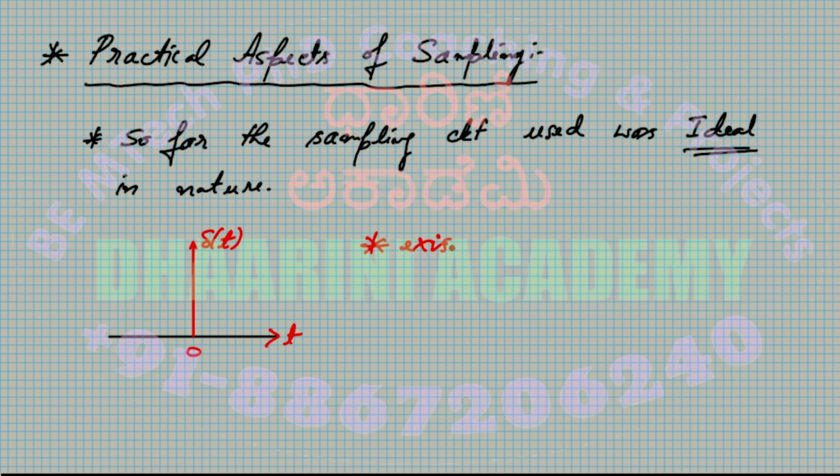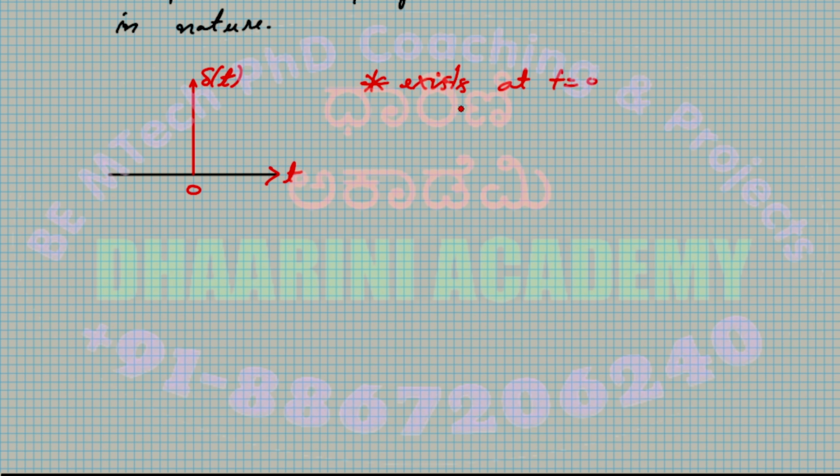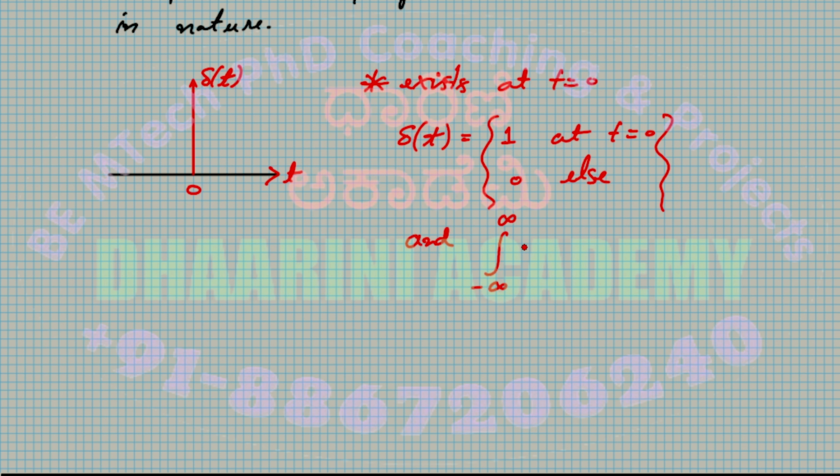Now, whenever we define this, this is the definition of delta of t: delta of t is equal to 1 at t equal to 0, and 0 else. This is not just the definition. In addition to this, it should also satisfy one more condition, that is, the integral from minus infinity to plus infinity of delta of t dt is equal to 1. So all together, this is the definition of the delta function, that is delta of t.